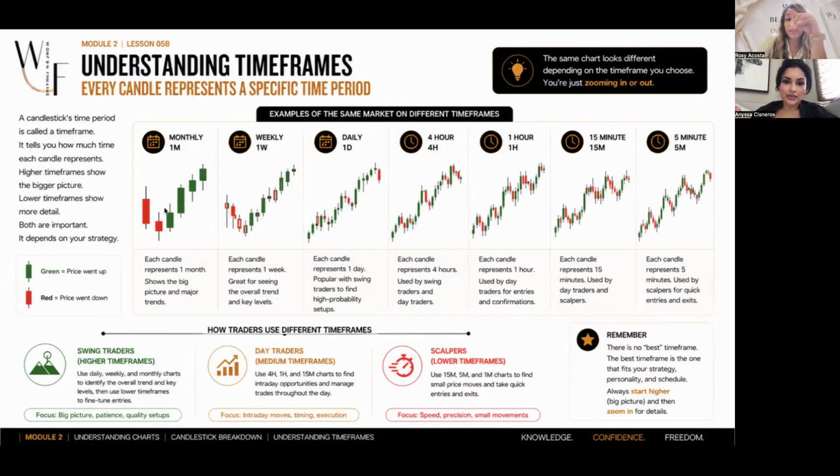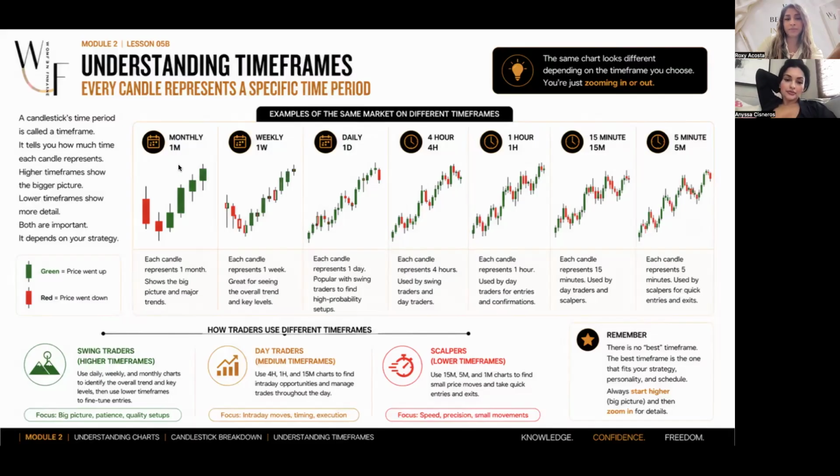And then this month, can you see how the body is fuller too? It's showing that buyers are becoming dominant.